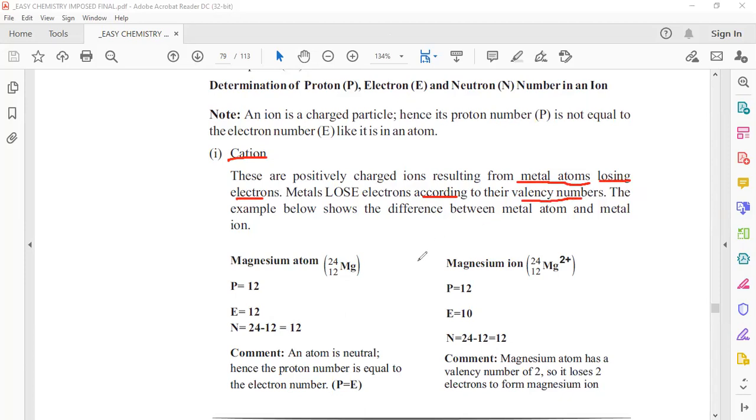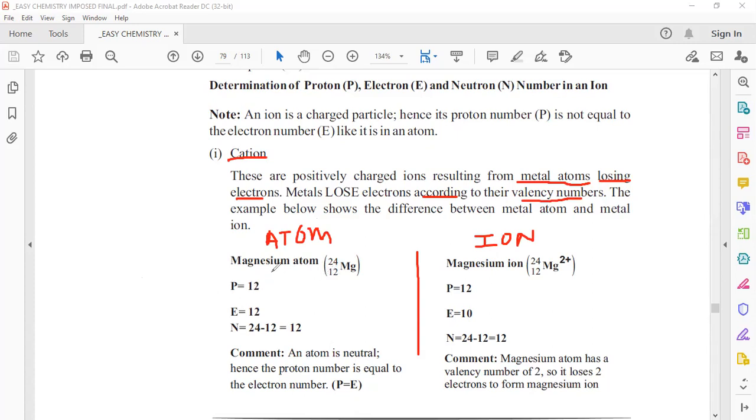So we're going to look at the comparison here, that is for magnesium atom and magnesium ion. I want us to see the difference between the P, E, N of the two. In terms of proton numbers, when you look at the magnesium atom, we have 12.